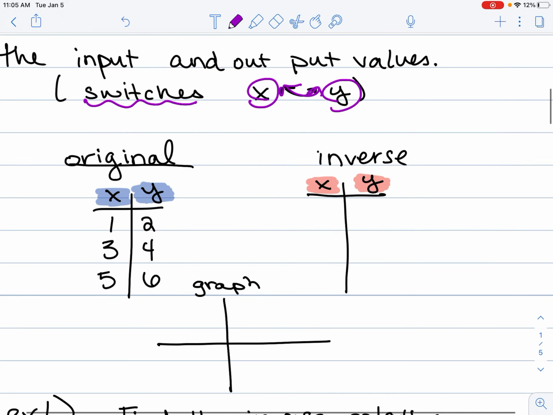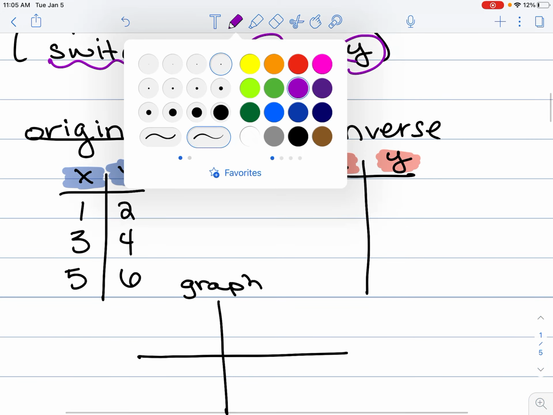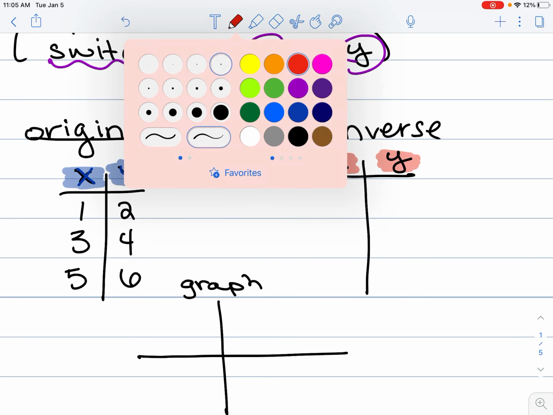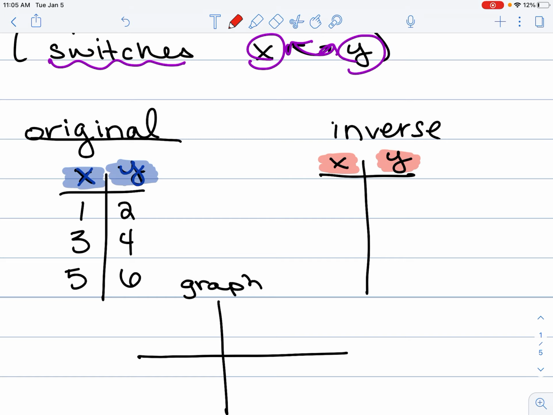So let's say, take this for example, if we originally had this input and output value X and Y, to get the inverse of that, we're going to switch these. So X was 1, Y was 2, but now we're going to switch them so that X is 2 and Y is 1.